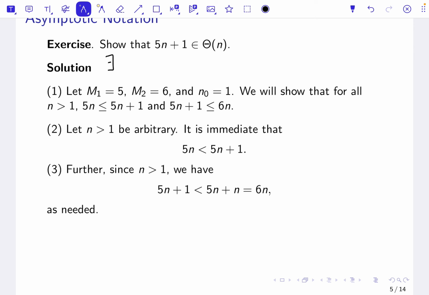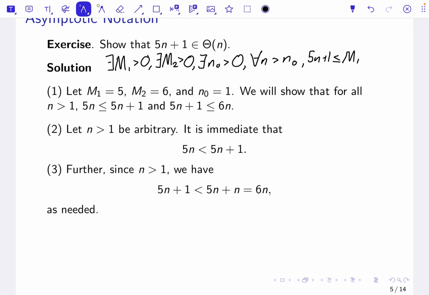So this is saying there exists an m1 greater than 0 and an m2 greater than 0, such that there exists an n naught greater than 0, such that for all n greater than n naught, 5n plus 1 is less than or equal to m1 n, and 5n plus 1 is greater than or equal to m2 n.